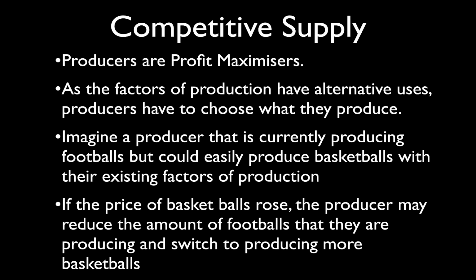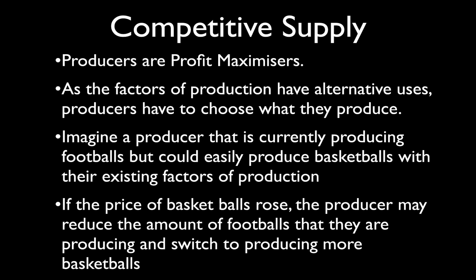So if the price of basketballs rose, the producer may reduce the amount of footballs that they are producing and switch to producing basketballs. Because the one machine, you have to decide, are we going to make footballs with it or basketballs? I know we can do half and half, 3/4 and 1/4. I'm not disputing that. But at any one time you are producing footballs, at the same time you are not using that machine to produce basketballs and vice versa.